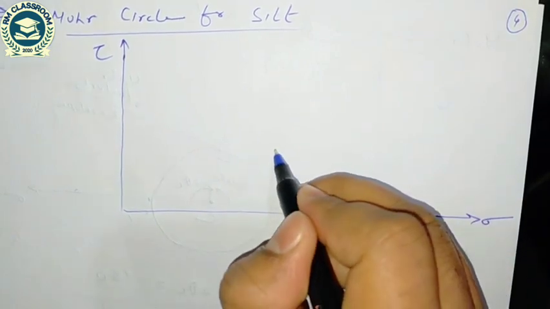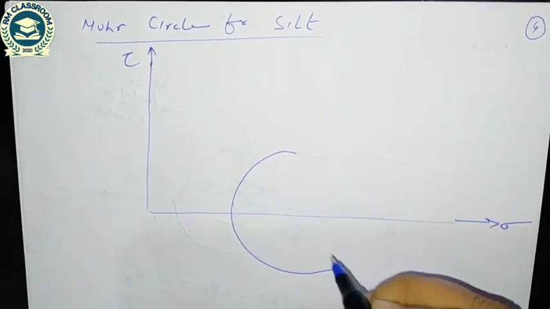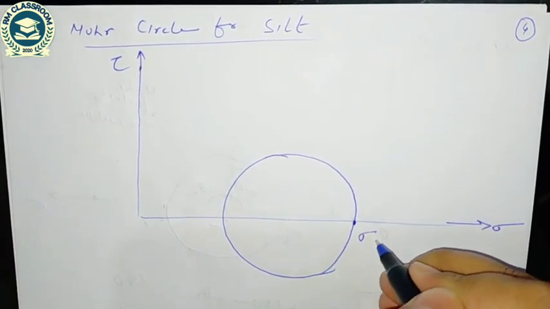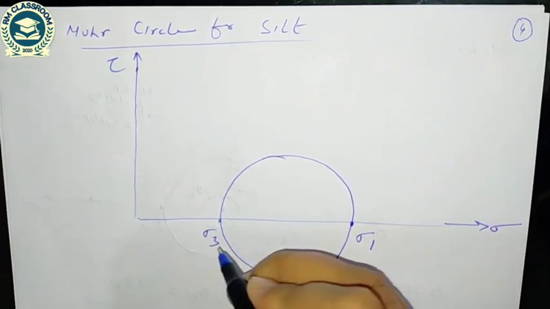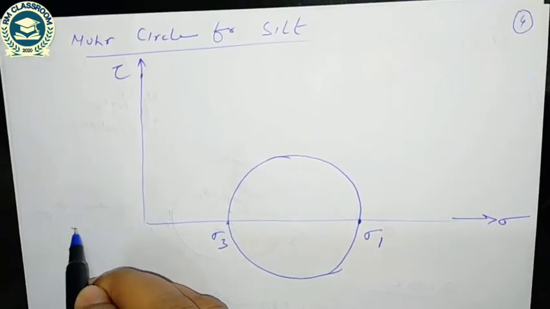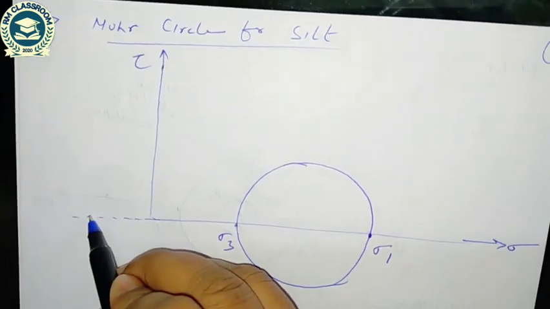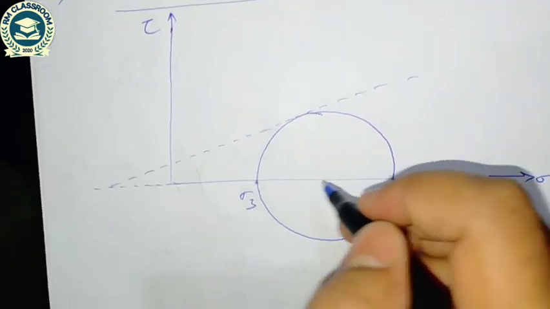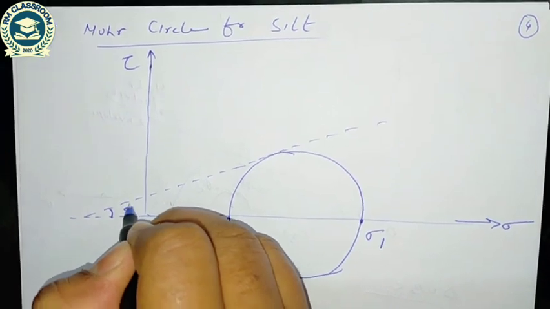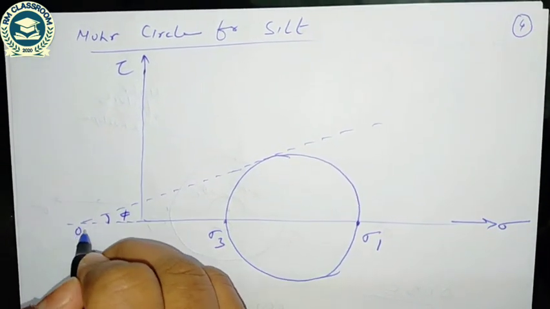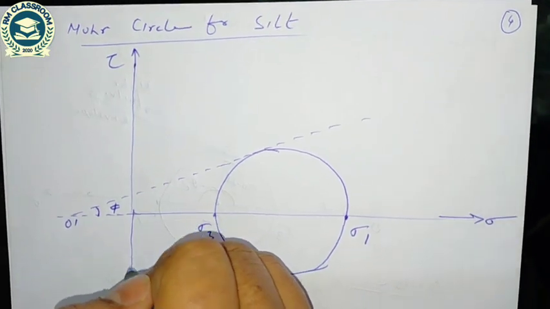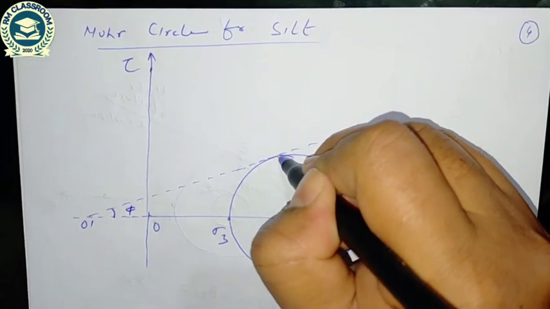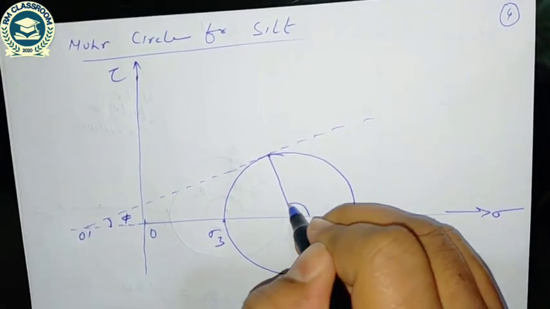So if I draw a Mohr circle, this is the major principal stress, this is the minor principal stress, and if I draw a Mohr-Coulomb envelope, so this is the Mohr-Coulomb envelope, and it will make an angle of phi with the horizontal O dash. This is the origin O, and this is the center of the Mohr circle. So this angle is 2 theta.